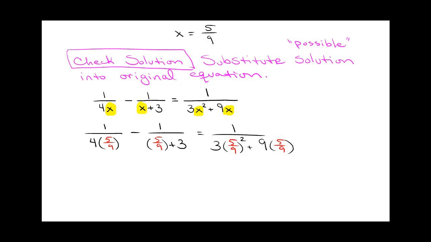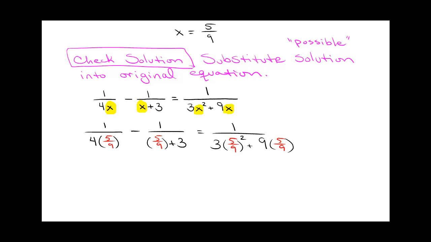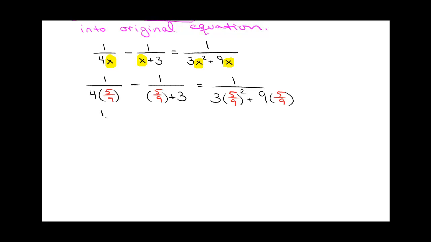Now this is going to be a little bit of work, right? Because we've got fractions here. We need to do a little bit of simplifying. So this is going to give me 1/(9/5)... it's a complex fraction, so we're going to have to simplify that. That's going to simplify to 9/20 minus 1 over, I'm going to have to add 5/9 with 3, so I'm going to need a common denominator.